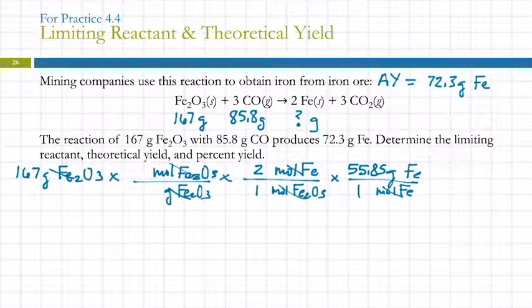So I've got 2 times 55.85 plus 3 times 16, 159.7. I didn't write it on the screen because I'm not going to have enough room.